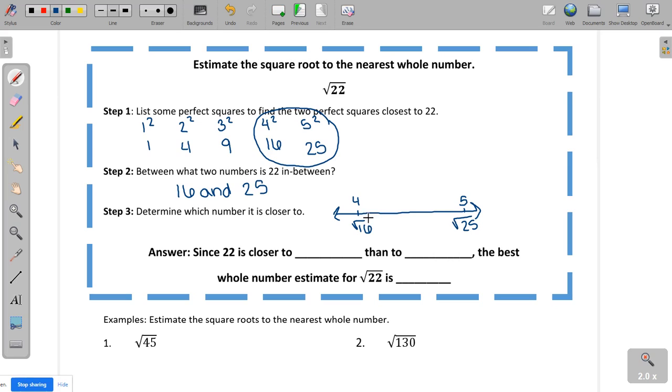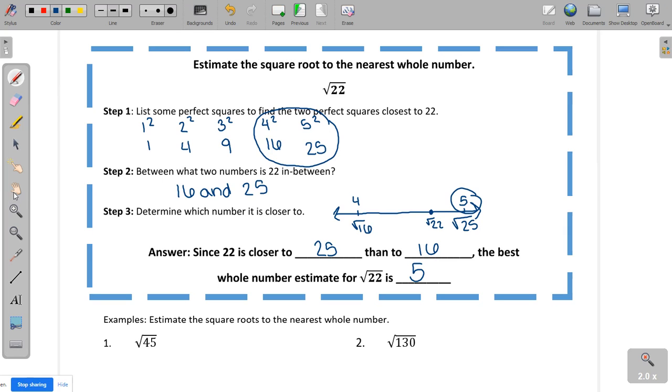The number 22, is that closer to 16 or closer to 25? It's closer to 25. Since it's closer to 25, we are going to use 5 as our estimate. So since 22 is closer to 25 than it is to 16, the best whole number estimate is going to be 5.